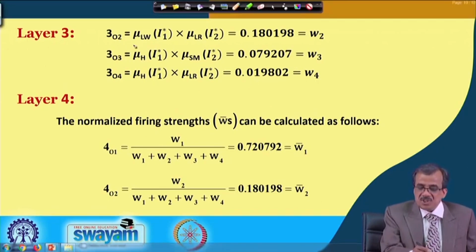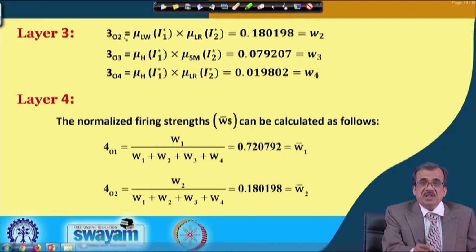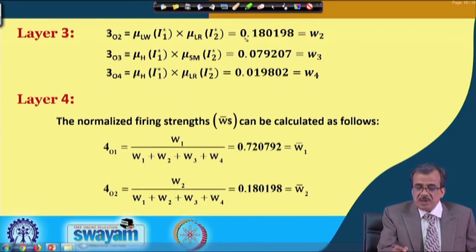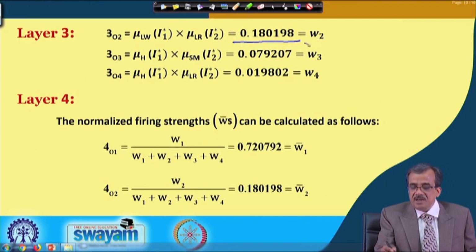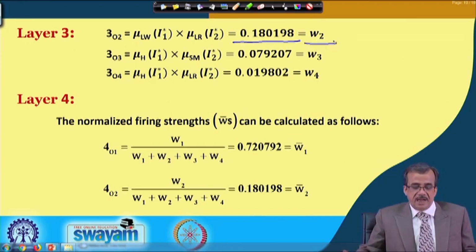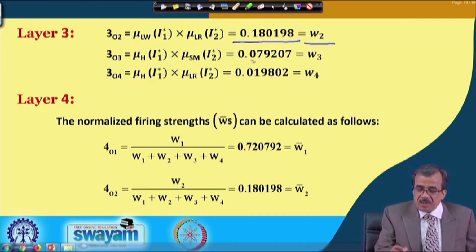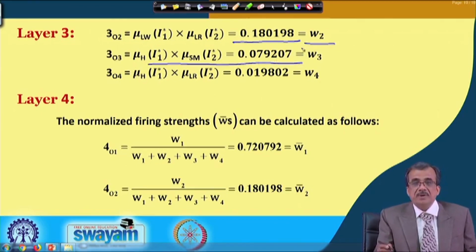For example, for the second rule, the firing strength we can find out, and this will become 0.180198 as W2, and similarly we can find out the firing strength of the third rule, that is W3, and that is nothing but 0.079207.